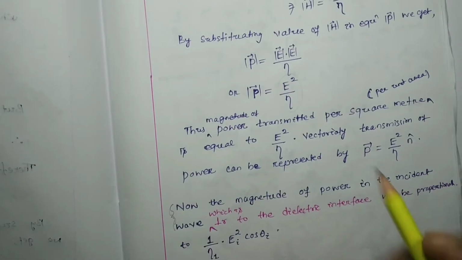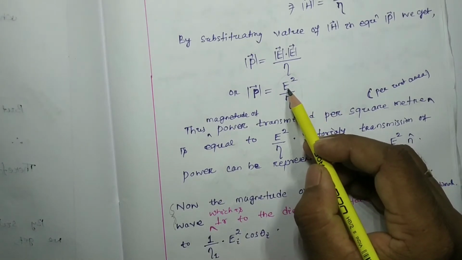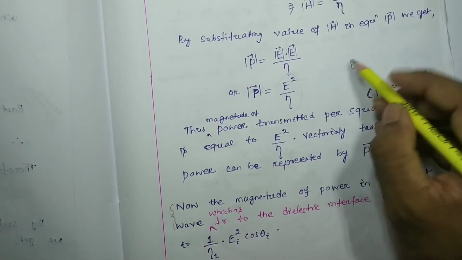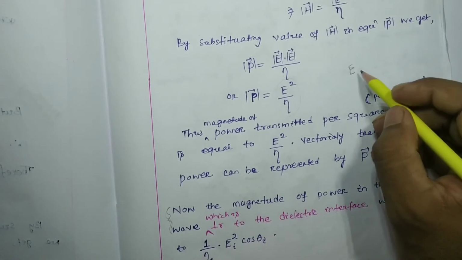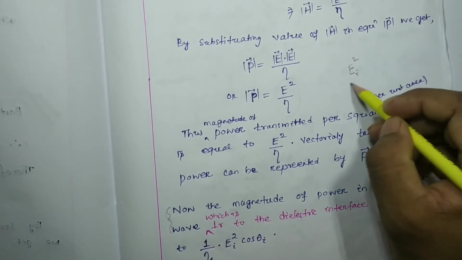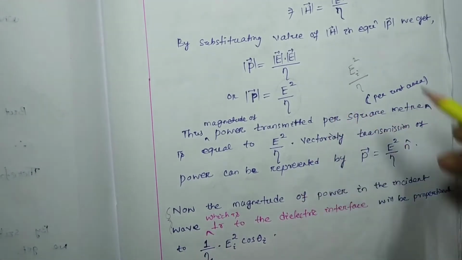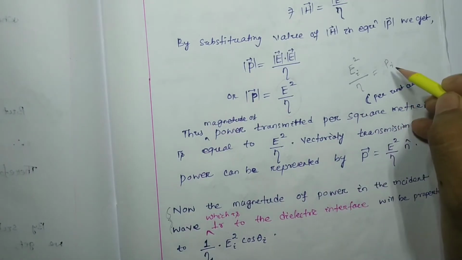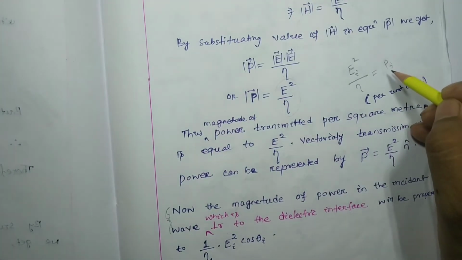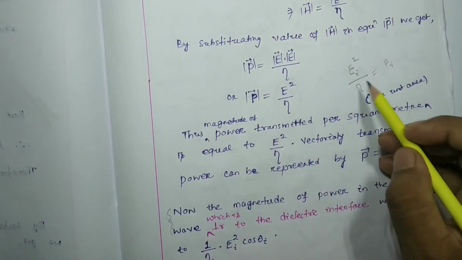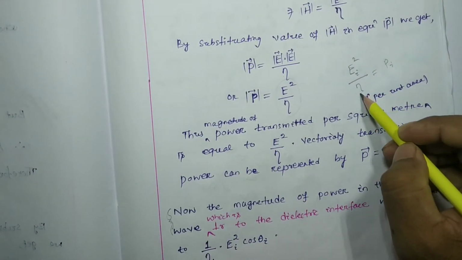Instead of E, I have to write Ei. No need to write it here, I am just explaining, you just watch. So it will be Ei square by eta, right? For Pi, the magnitude of incident power will be Ei square by eta.